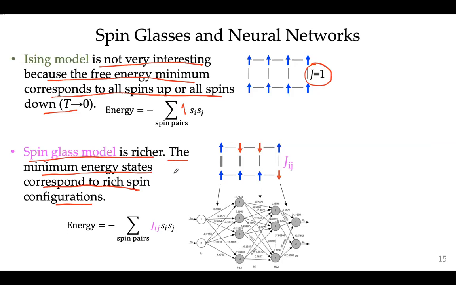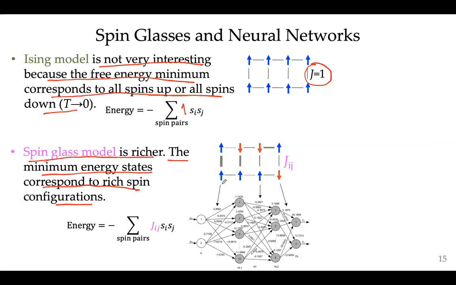The spin glass models resemble, if you ask me, the physical model connection to neural networks. It's not the Ising model, but the spin glass model, because in the minimum not all the spins are in the same direction, but some of them are up and some of them are down.